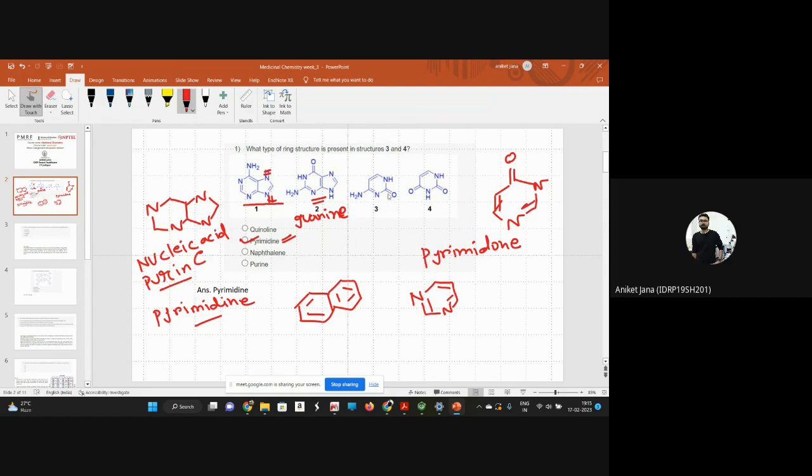Yes, you can say it's the uracil system. But in uracil there is no NH2. What is the structure of uracil? The structure of uracil is like this one.